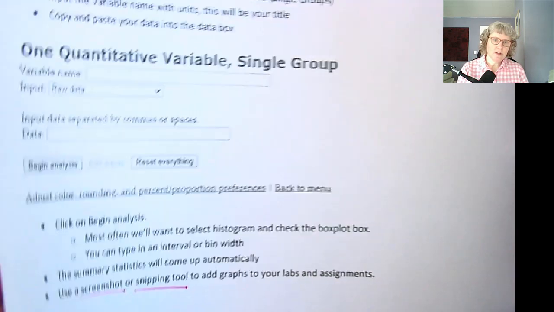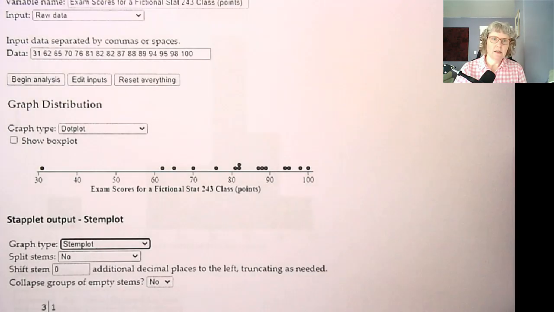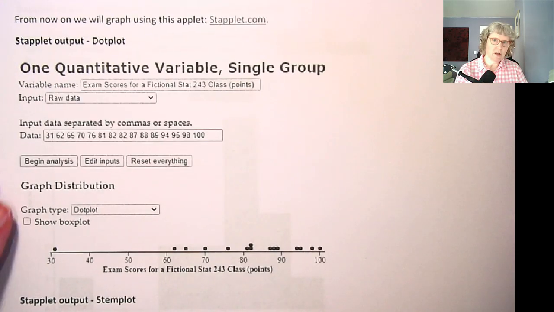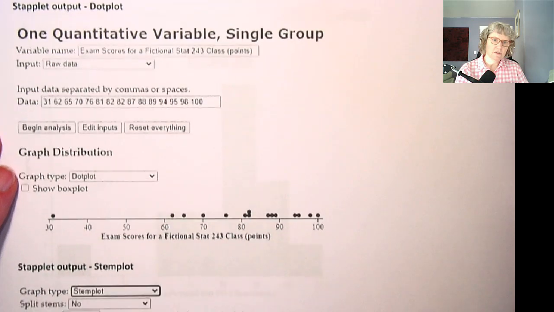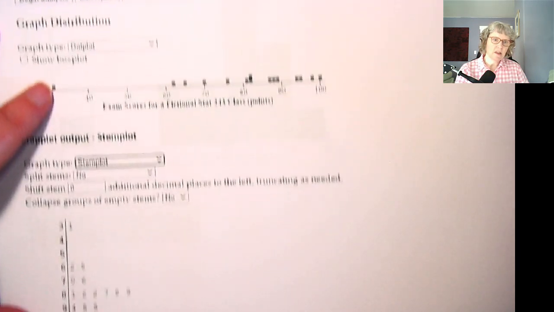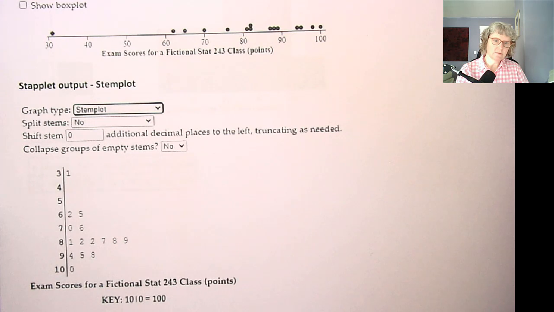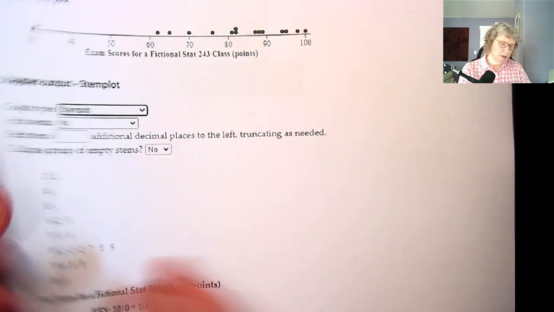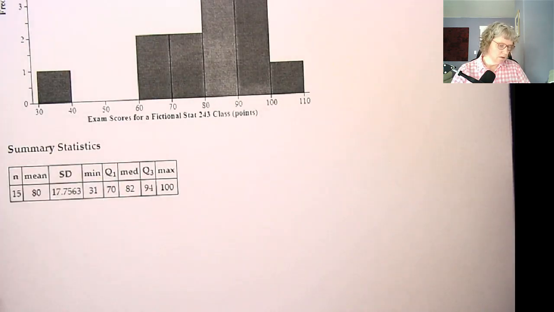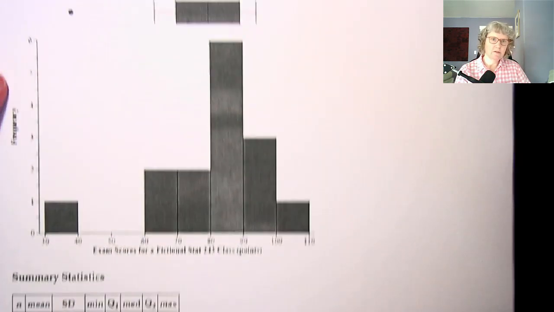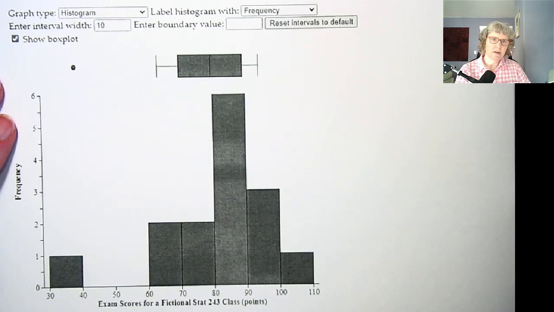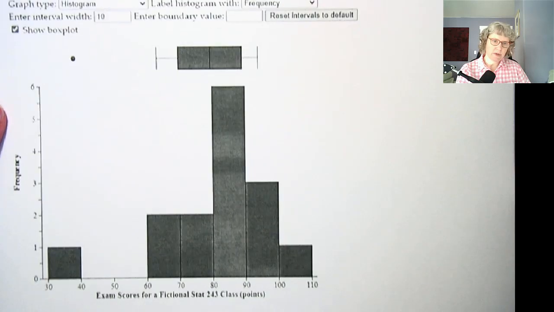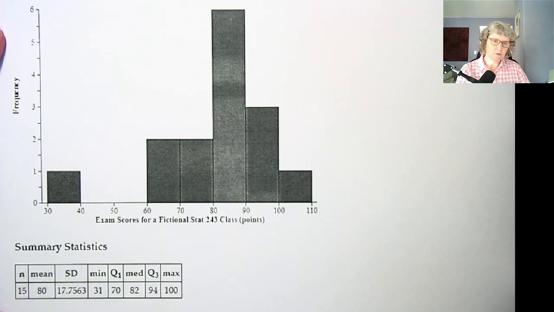So that's one notes page, and then in the next notes page I have some screenshots of this, so you can see here's the dot plot, here's the stem and leaf plot, and then the next page has, let me move this back down. The next page has all the settings that I put in here. So it has the box plot, histogram, and summary statistics on there for you.